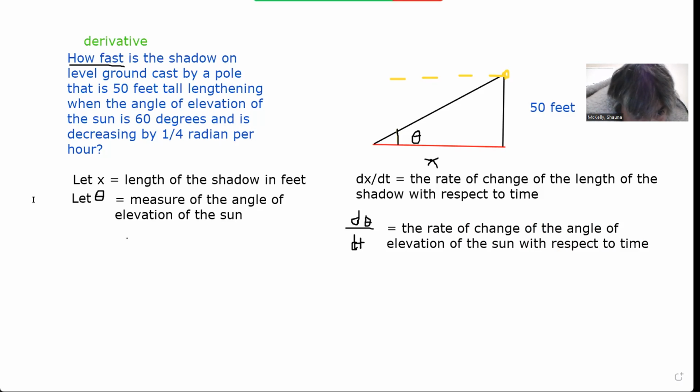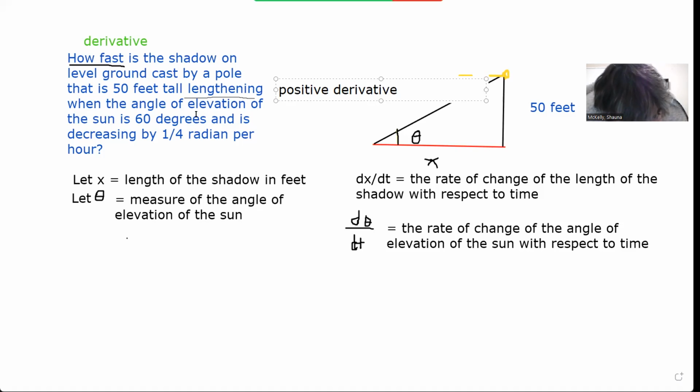How fast is my shadow lengthening? This means that this will be positive because it's getting longer. This is a positive derivative, right? We know it's a derivative from up there.